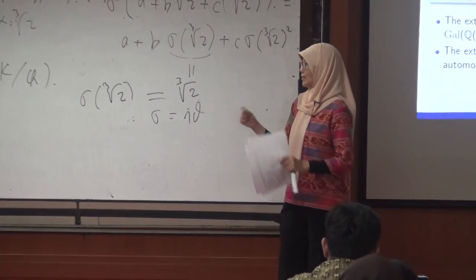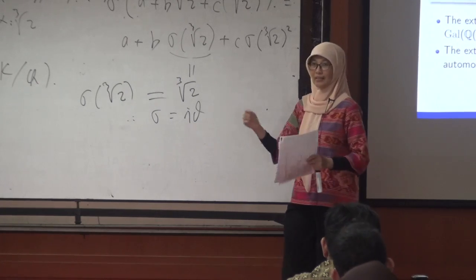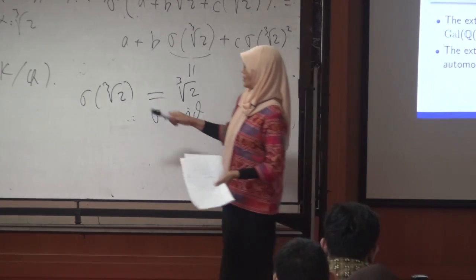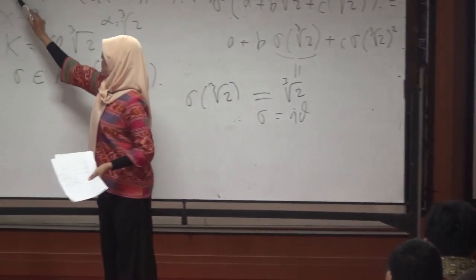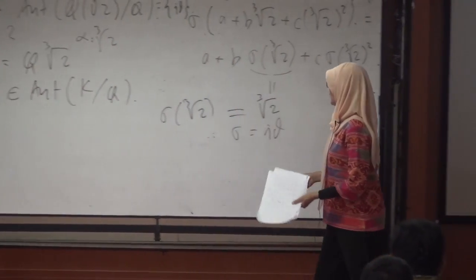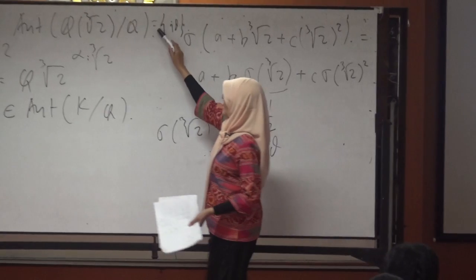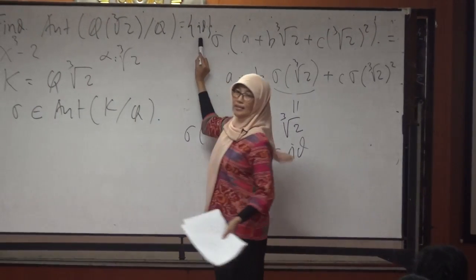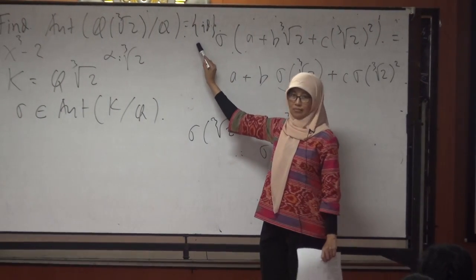Maybe one of the indicators is that this is a polynomial of degree 3, but this automorphism group, this Galois group, is only a singleton, so the cardinality is not the same.